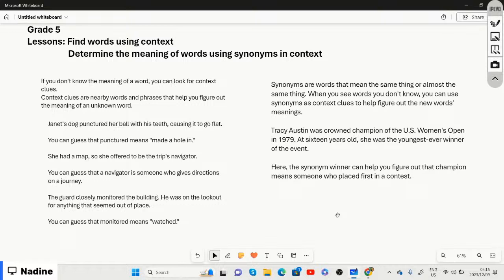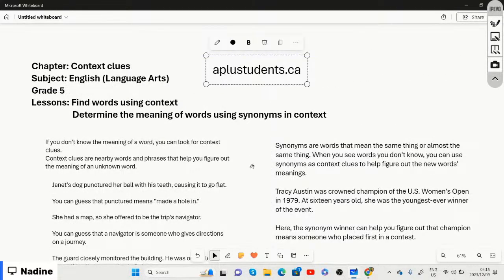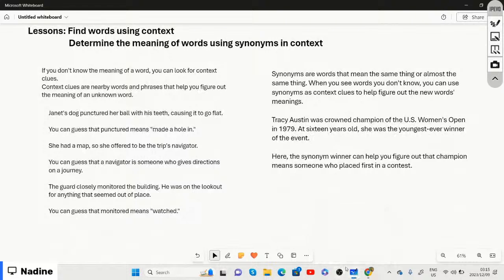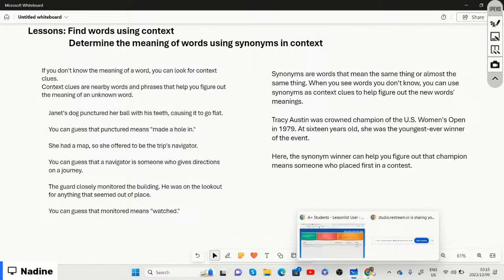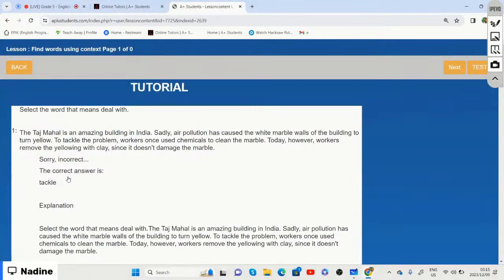So we said that we are also doing our lesson on A plus students.ca. So now let's go to A plus students.ca. We need to find words using the context, so we're going into that one first. Find words using context.